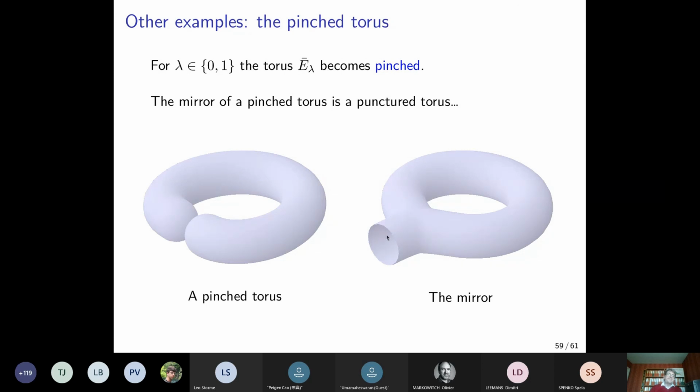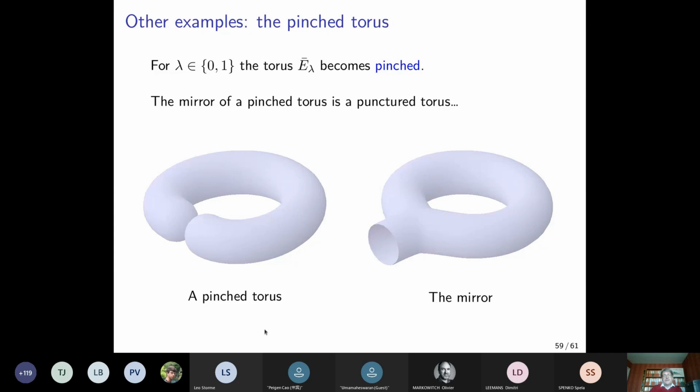And then it turns out, well, something has to happen here with the SYZ principle. So I haven't drawn the SYZ fibration anymore, but it's always by circles. So something has to happen, and it turns out that the pinching is replaced by a puncture.